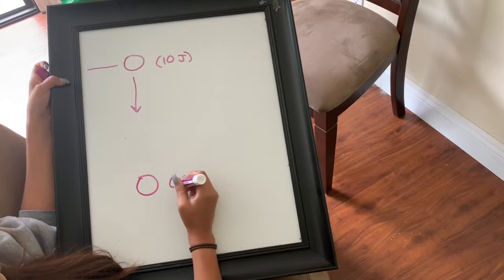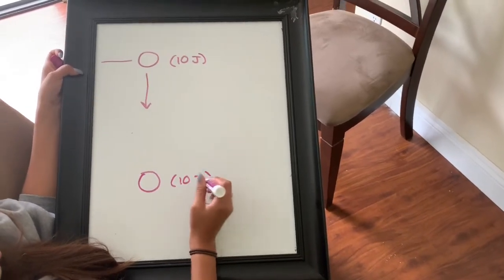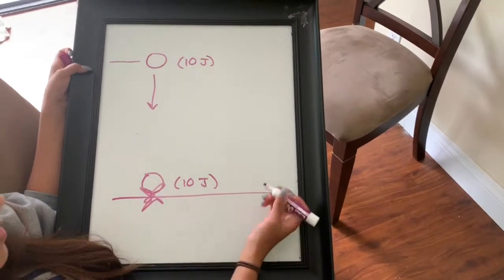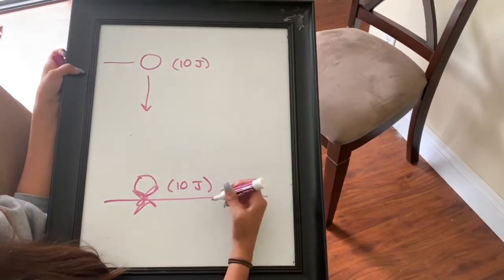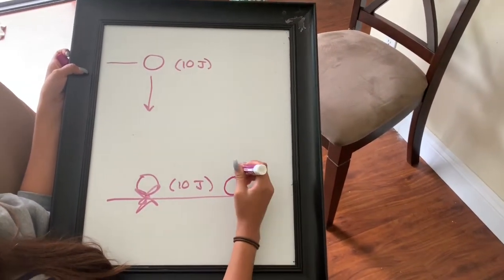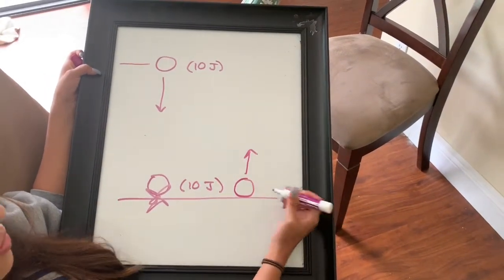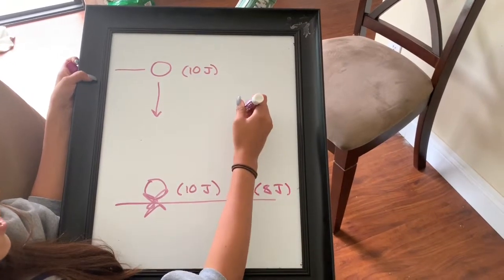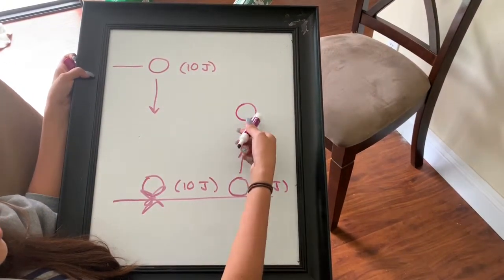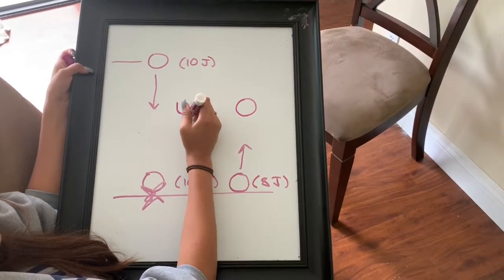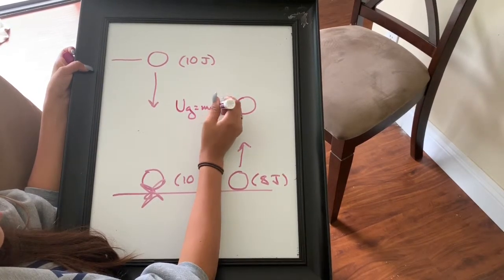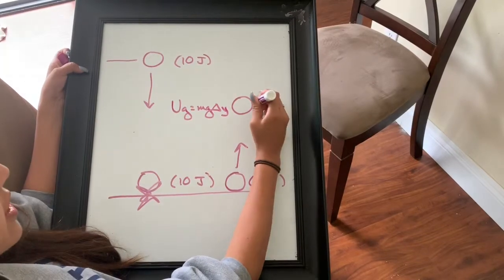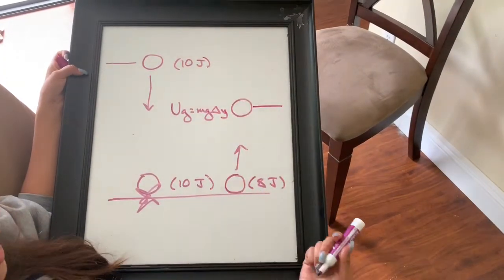At the bottom, it still has 10 joules, but then collides with the ground here. In that collision, there's an energy transfer, and that same ball, when it's going back up on a bounce, has less kinetic energy to be converted into potential energy. Therefore, that height that we saw in our equation here has less energy to be used. Therefore, it cannot reach its previous maximum height.